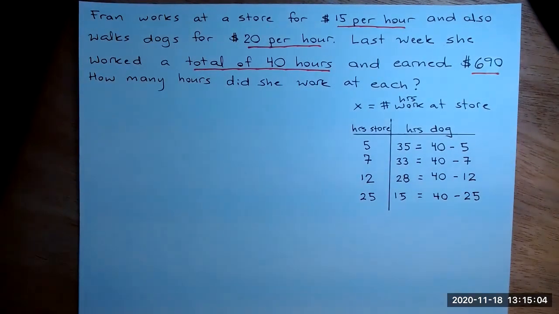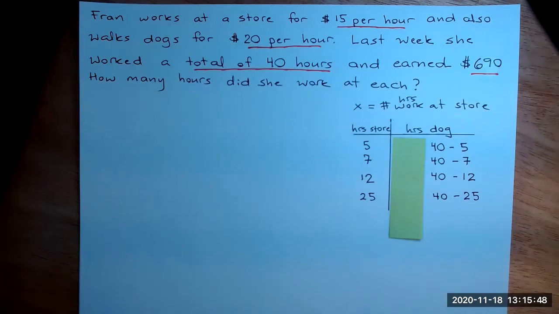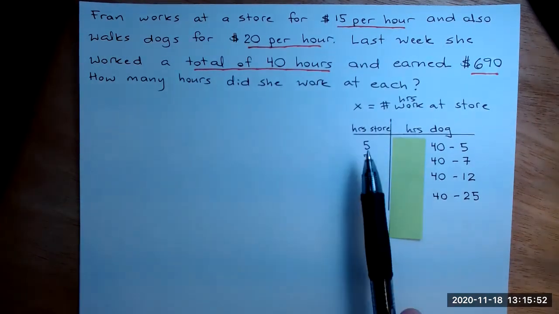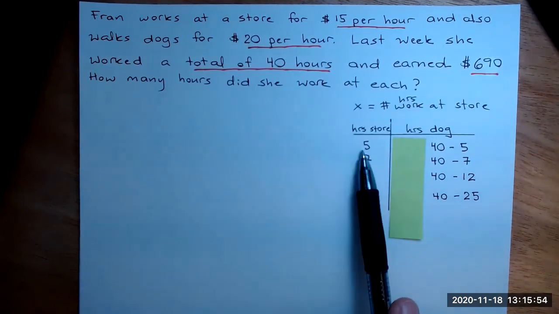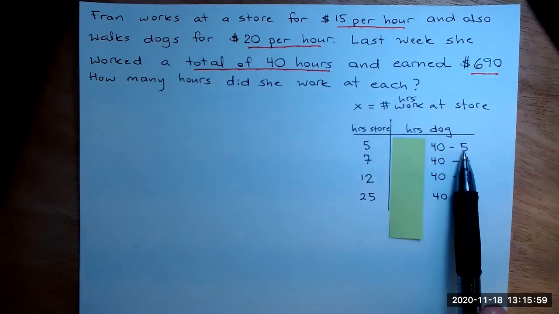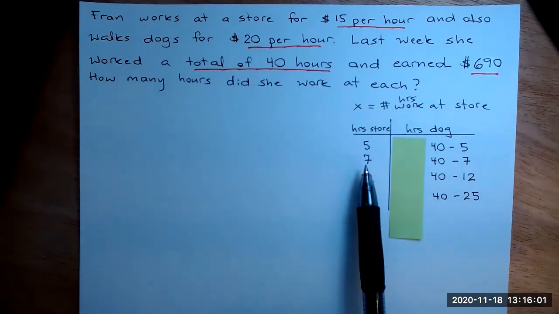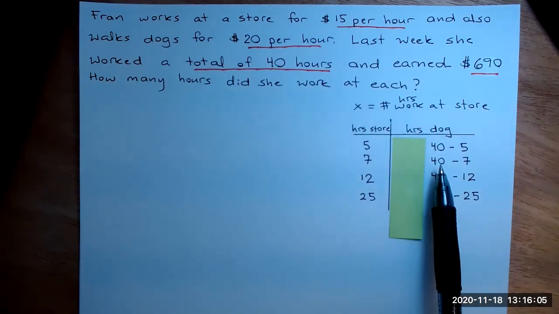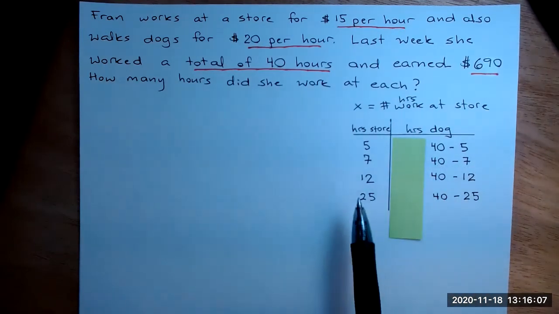All right, so one of the secrets of math is seeing patterns. I'm going to cover up part of this chart. So when she worked 5 hours at the store, she walked dogs 40 minus 5. If she spent 7 hours at the store, she walked dogs 40 minus 7.